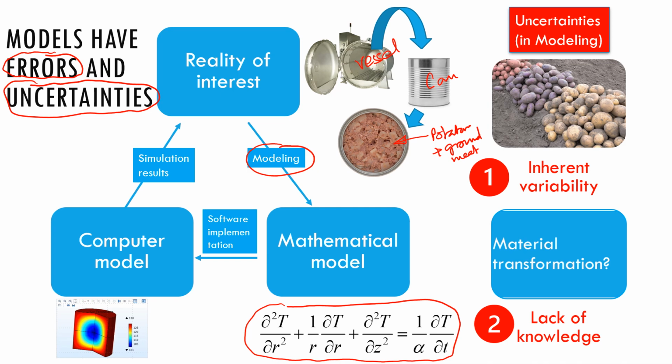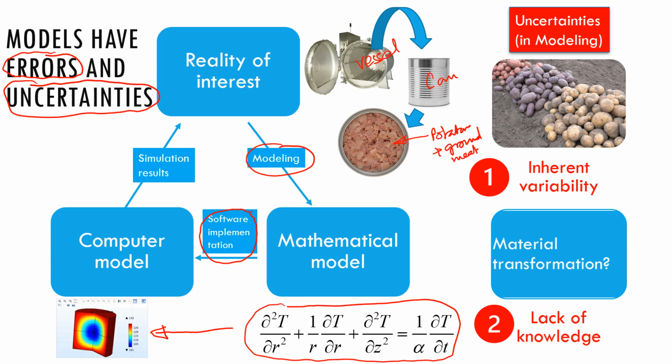So that's one. Then when we have this equation, we solve it numerically for most of the time, and then in the software implementation of it also we make error because we don't really solve these equations exactly in the analytical sense.